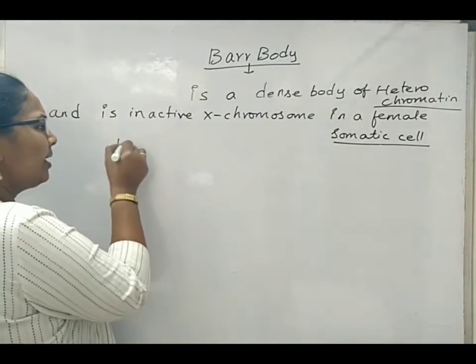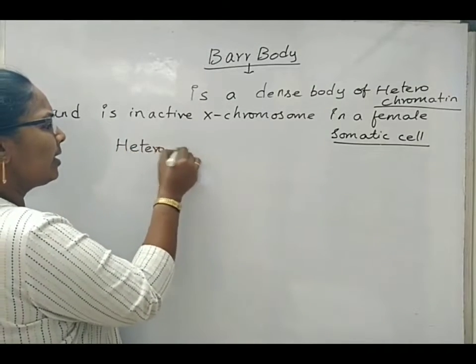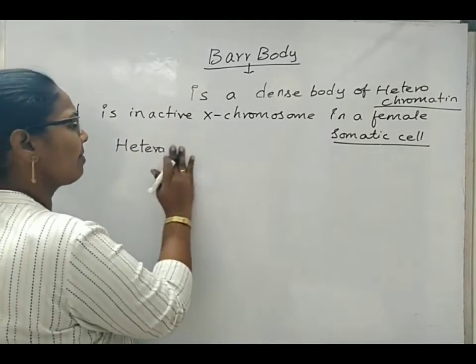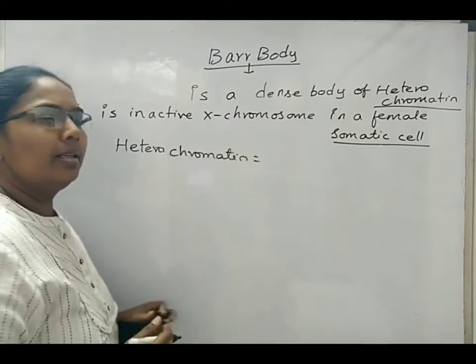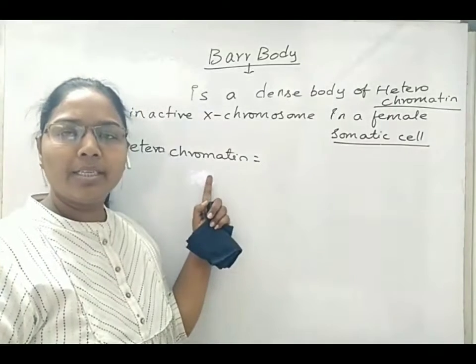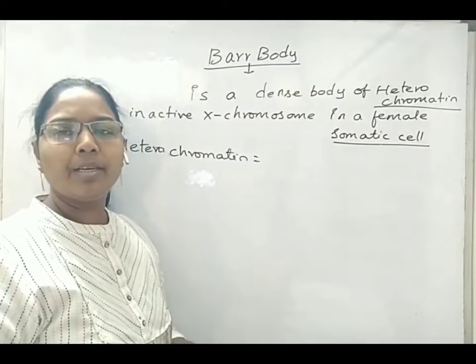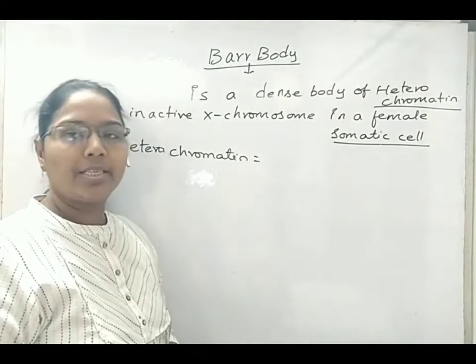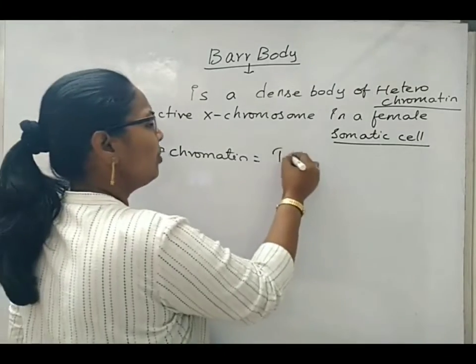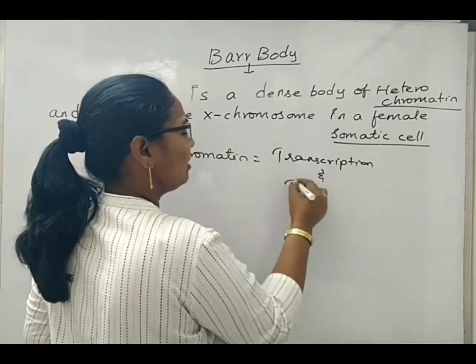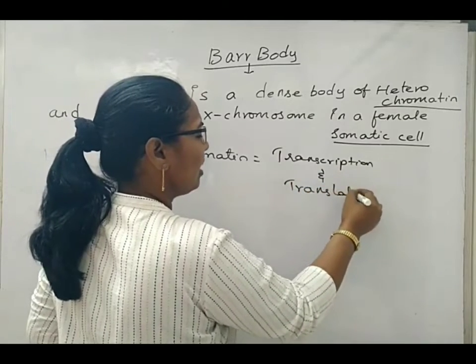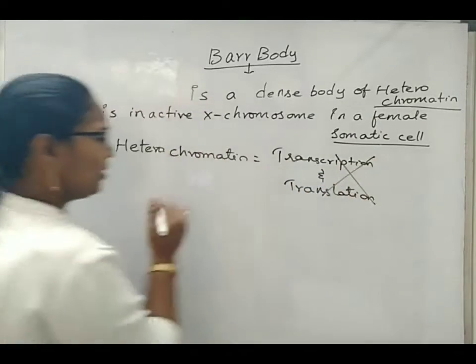What is meant by heterochromatin? Heterochromatin means the chromatin material or the genetic material that is not responsible for either transcription or translation. Both the transcription and translation are not done by this heterochromatin.